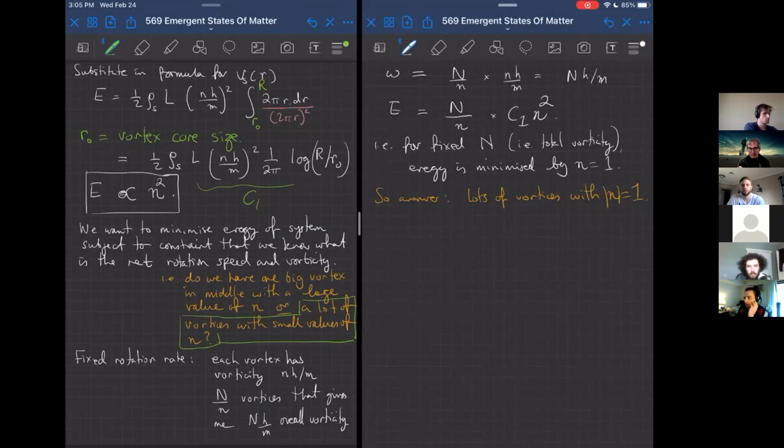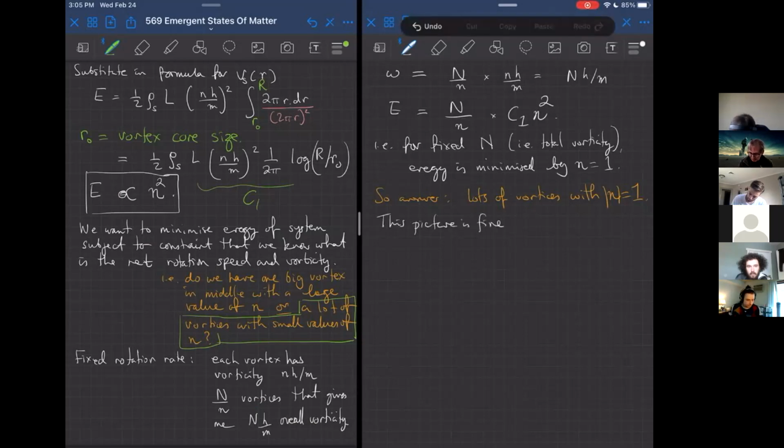Yes. Wait 1 second. I just wanted to check something here. Well, I don't care about the missing page, because I'm going to just carry on with what I want to say. So let me just write down what the next thing is, and I'll take your question. So this picture is fine. This calculation that we've done is fine, but we neglected interactions.